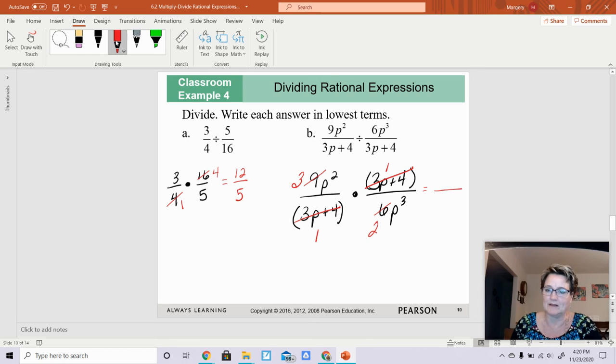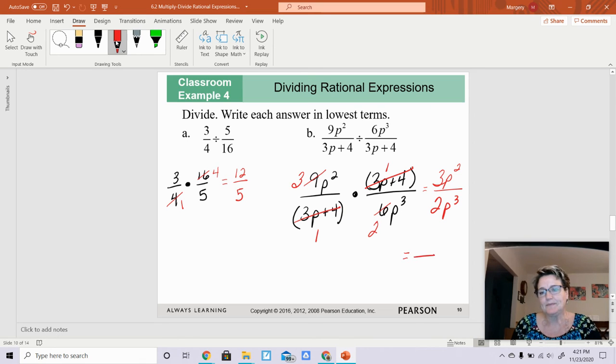Now, you guys, I'm going to multiply these together. 3p squared times 1 is 3p squared. I personally do not like to reduce the variables until the very end. And then on the bottom here, I'm going to get 2p to the third.